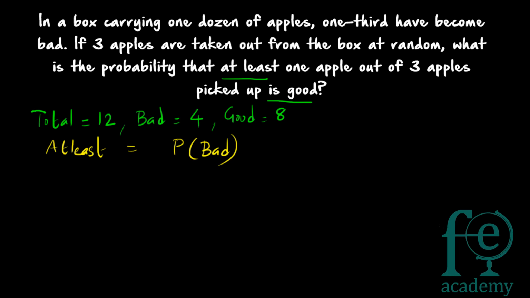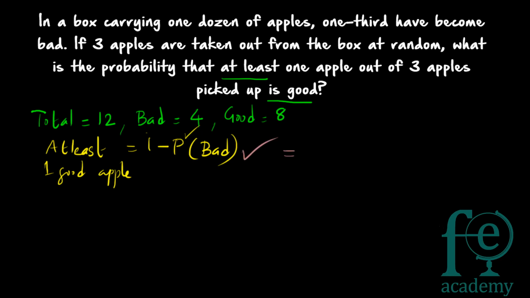So at least 1 good apple means it will be 1 minus the probability of getting all the apples bad. So for at least 1 good apple, you take the opposite. Good apple's opposite is bad apple. So all the apples are bad. What is the probability? And then take 1 minus the probability of that. Then you will be getting the answer for at least 1 good apple. So your formula here is 1 minus probability of getting all the apples bad.